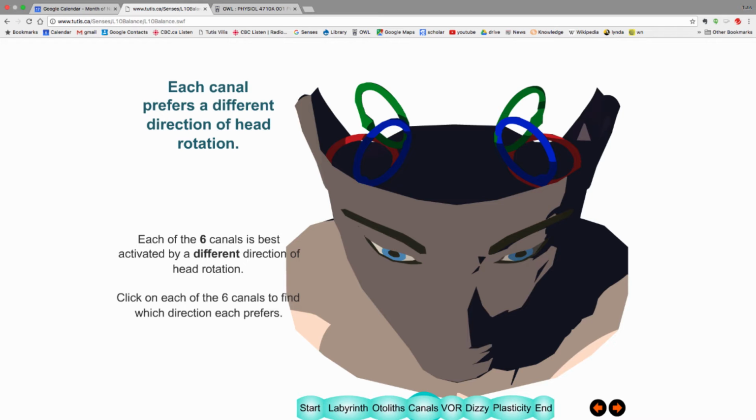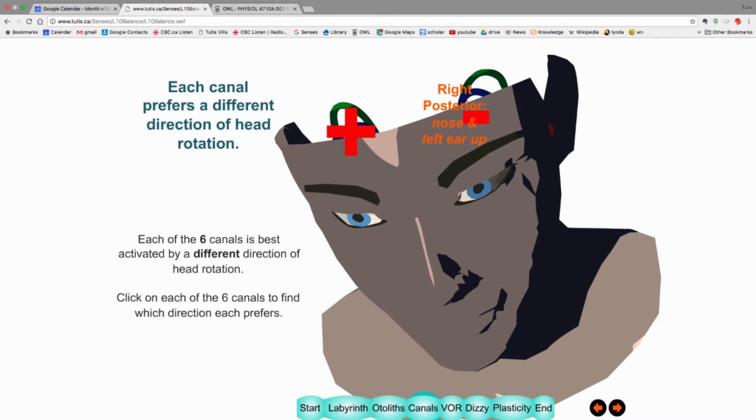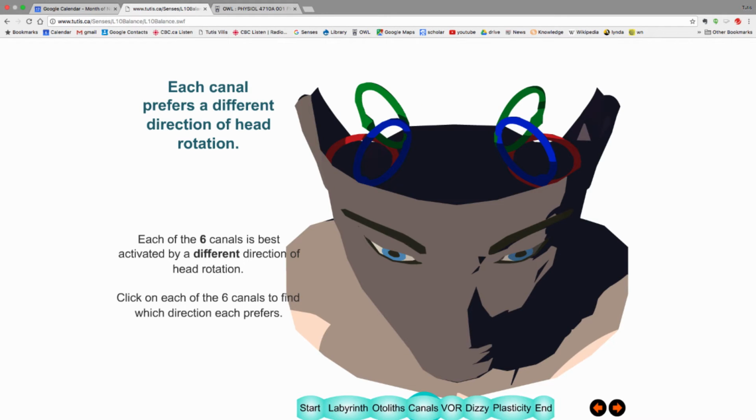Okay. In contrast, if you turn your head in this direction, which is towards the posterior canal on the opposite side, you increase its firing rate and you decrease this anterior canal's firing rate. So this canal and this canal are sort of tied together. They're in the same plane. Okay? When one goes up, the other goes down.